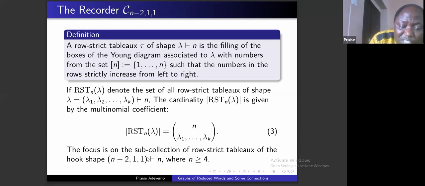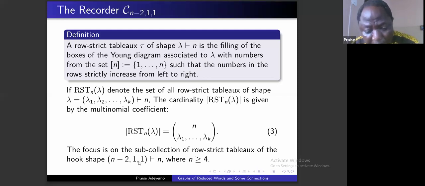So this is the shape that we are interested in, the shape n minus 2, 1, 1, because we know that our permutation has the hook shape. So we are looking at the shape of this, and we want to look at the row strict tableau sub-collection here that will actually fit into our counting.